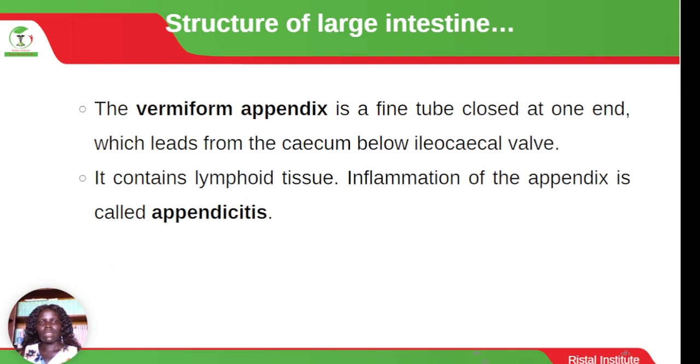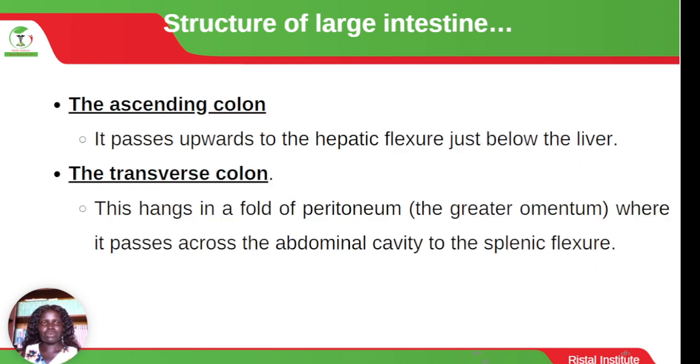It contains lymphoid tissue. Inflammation of the appendix is called appendicitis. So when the appendix is inflamed by some microorganisms, that condition is called appendicitis, and I think it's very common.